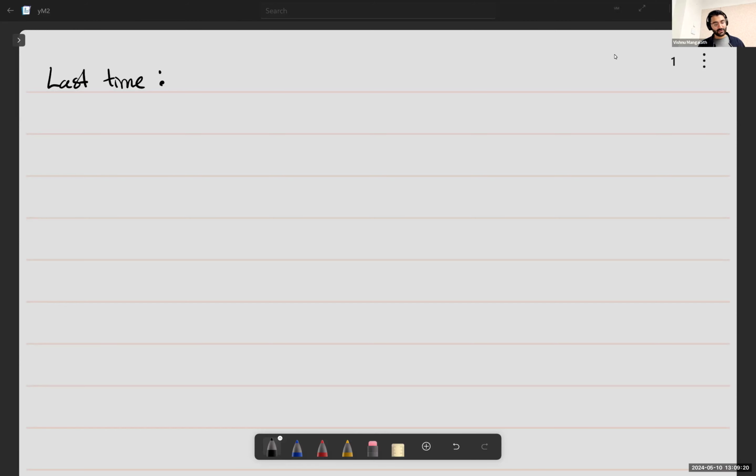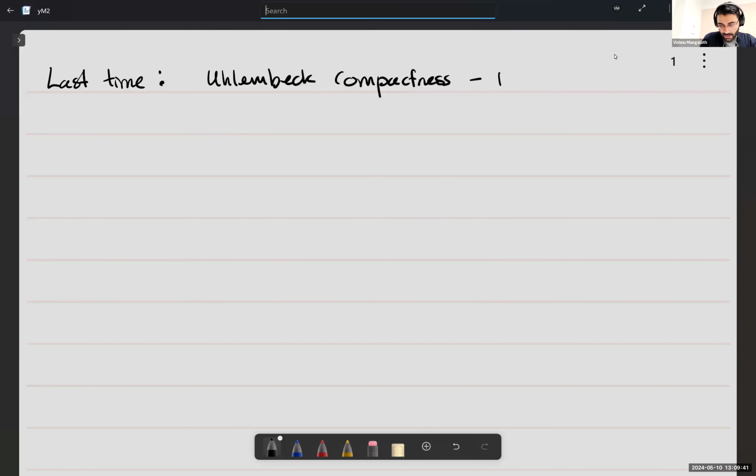So I'm going to talk about this theorem I introduced last time, but maybe I'll just mention a reference that is useful if you want to go look at the full theorem and all the details. There's a book called Uhlenbeck Compactness by Katrin Wehrheim.